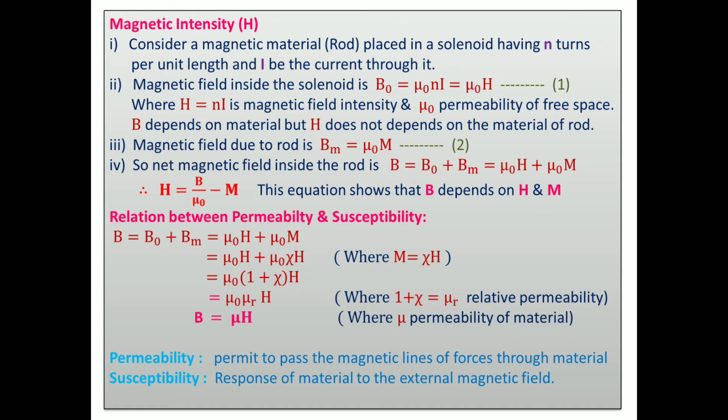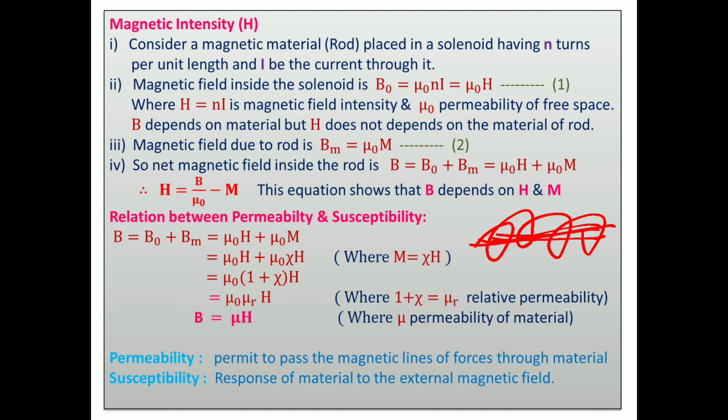Thereafter, we go forward to another topic, the magnetic intensity H. Consider a magnetic rod placed in a solenoid having N turns, just like such a solenoid, and here the magnetic rod is inserted. Let n be the number of turns per unit length and I be the current through it.